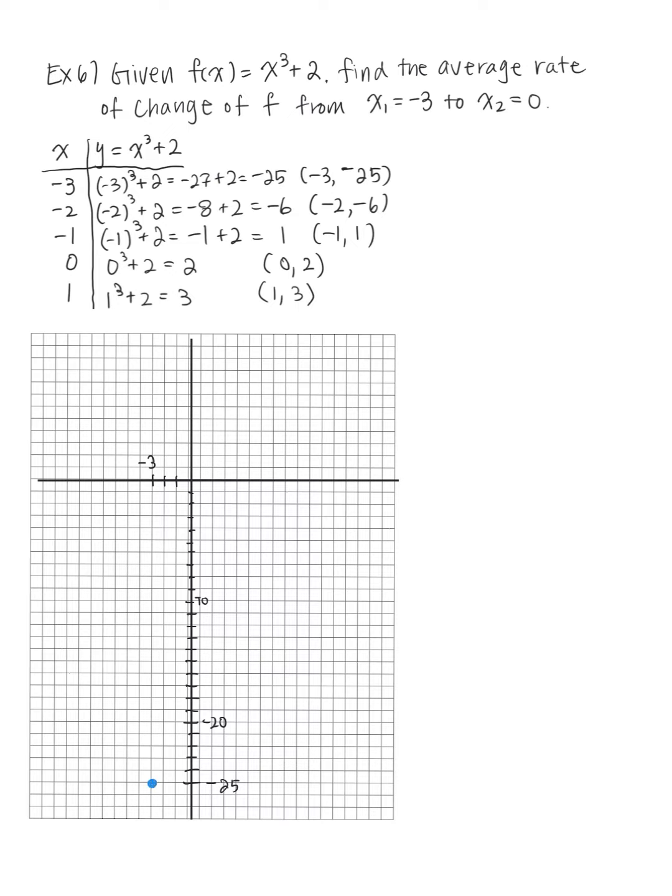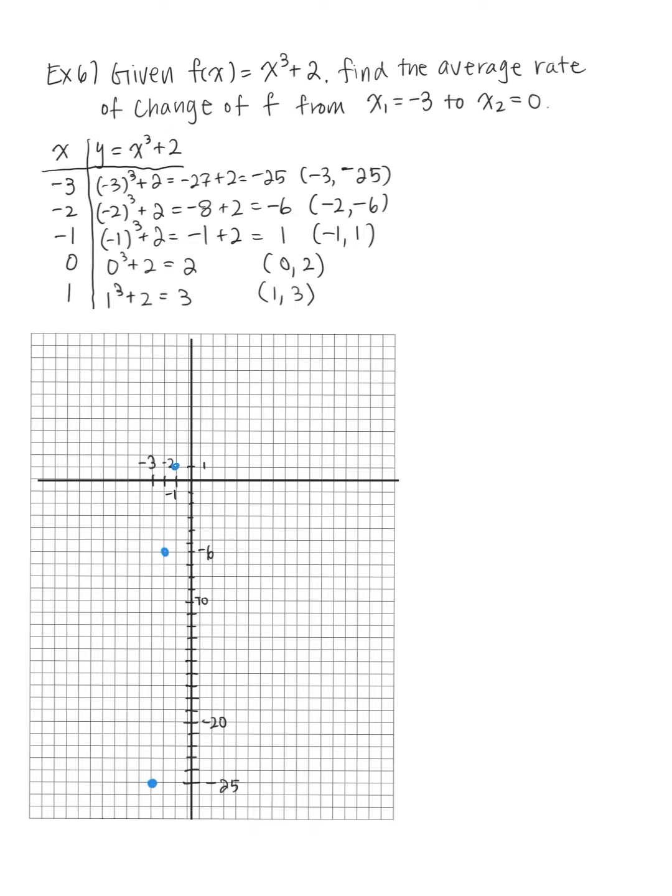And the next one is going to be -2 comma -6. 1, 2, 3, 4, 5, 6. So that's -6. Okay, right here. And the next one is -1 comma 1. So that's -1 and then 1 up in here.